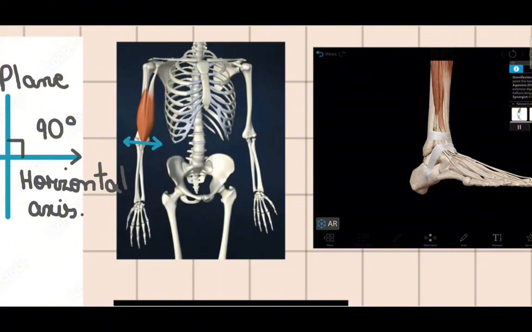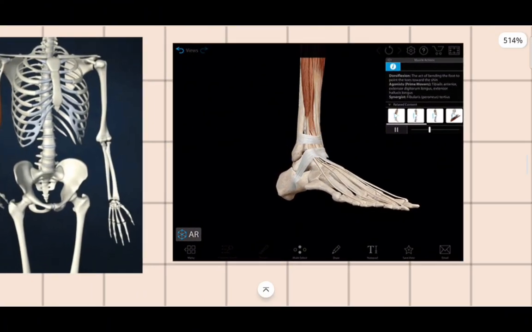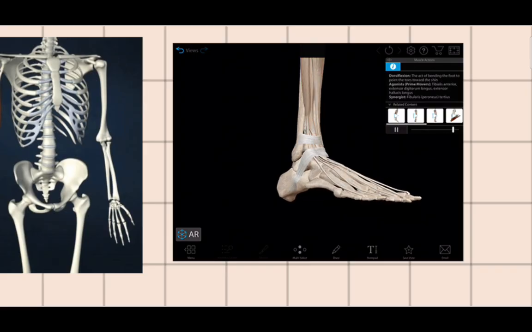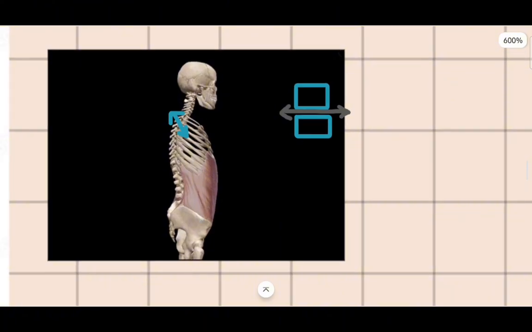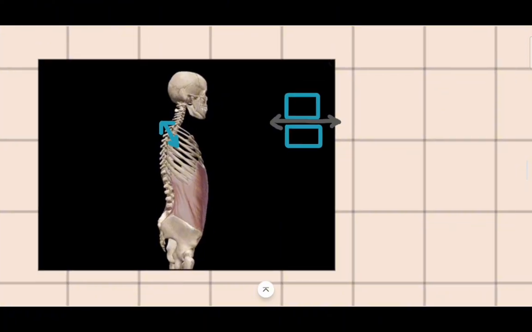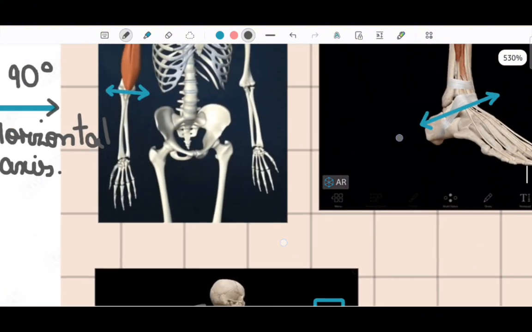As you can see here in the ankle joint, this is the movement occurring here. And now we are having our spine movement, basically the bending in the forward direction and the backward direction. Like if you are bending here, or like again, so that's your spine flexion and extension.